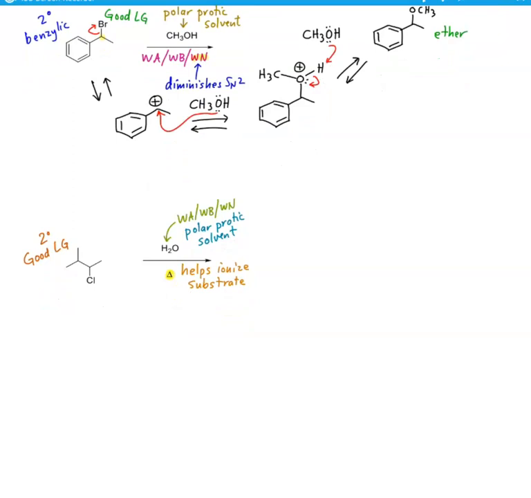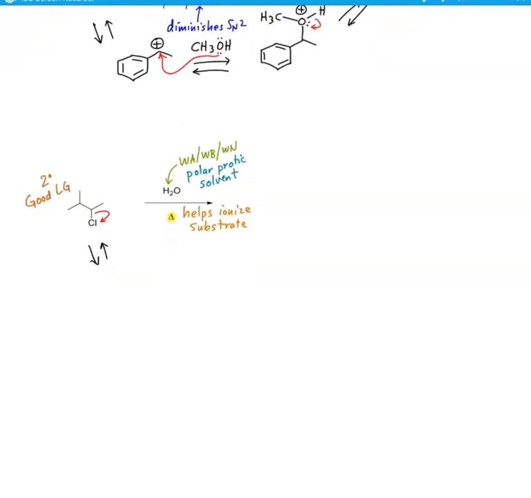So what happens then in the first step is the ionization. Which gets us this. This is a secondary cation.